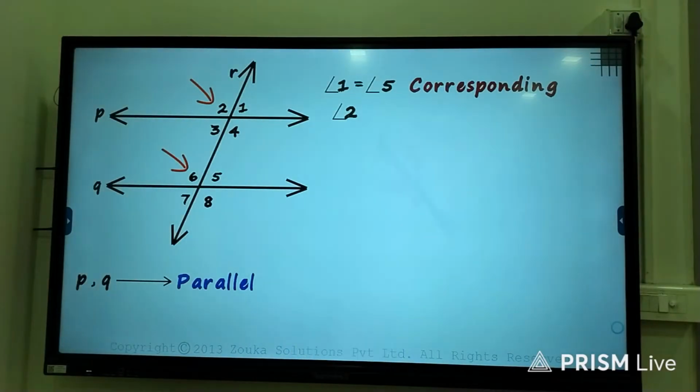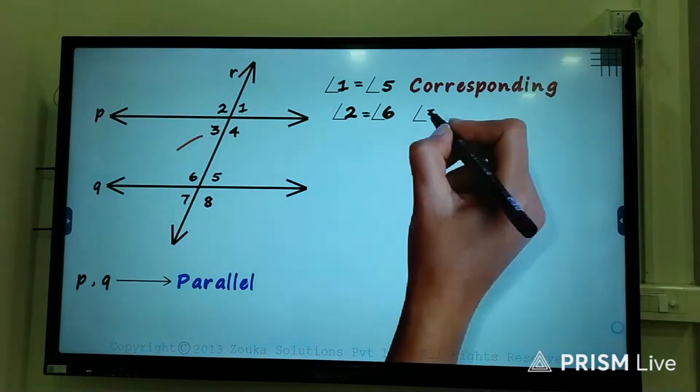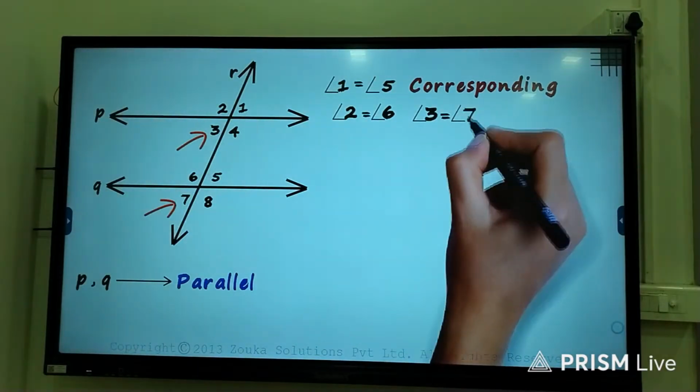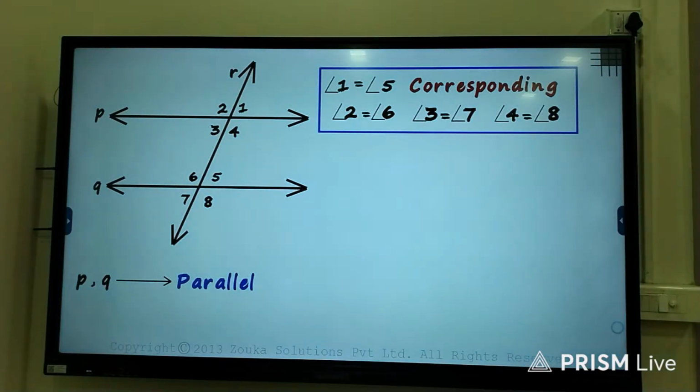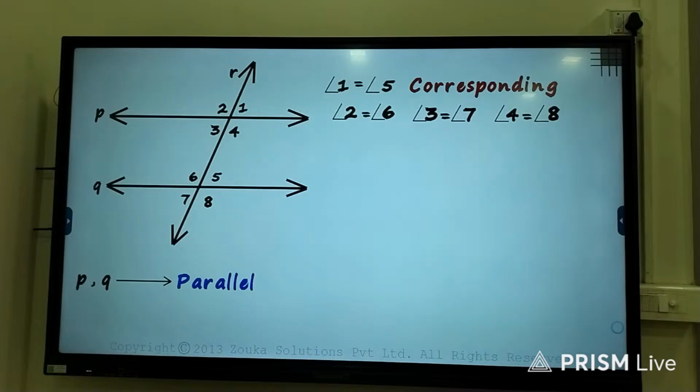So angle 2 will always equal angle 6. You can even look at the figure and observe that they are equal. Similarly, angle 3 will equal angle 7 and angle 4 will equal angle 8. These are the four pairs of corresponding angles that are formed. 1 and 5, 2 and 6, 3 and 7, 4 and 8.